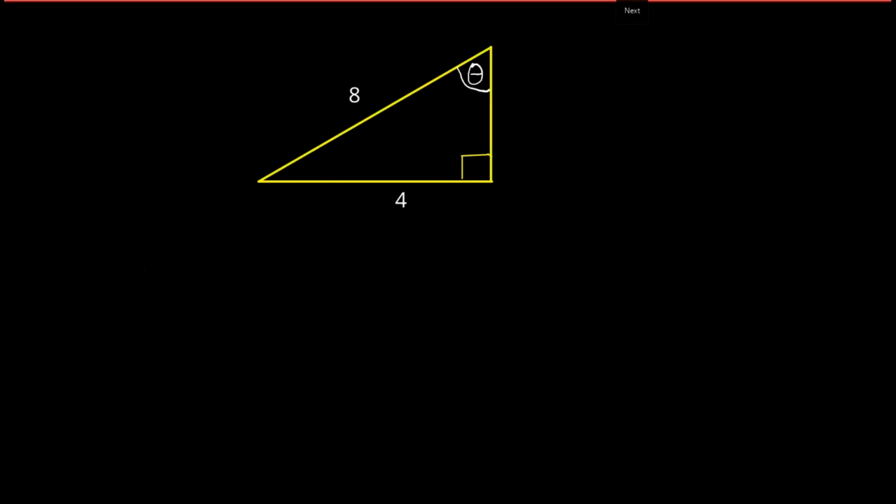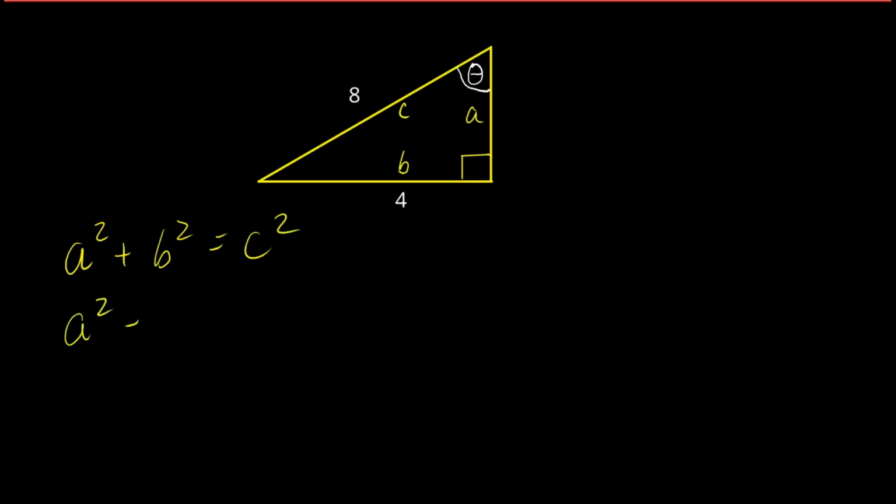Find sine, cosine, and tangent of theta in the following diagram. The hypotenuse is 8. The base of the triangle is 4. Okay, so first of all, we need to find a. So a squared plus b squared equals c squared.